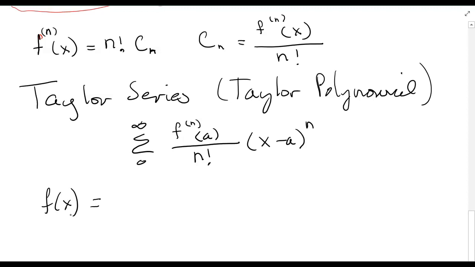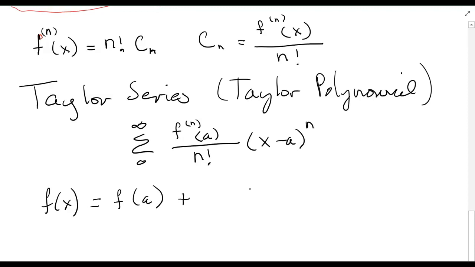So what does that look like? Well, what happens when n is 0? That means I'm not taking a derivative, so I just have f of a. N factorial becomes 1, and (x minus a) to the 0 is 1. So we just have f of a.